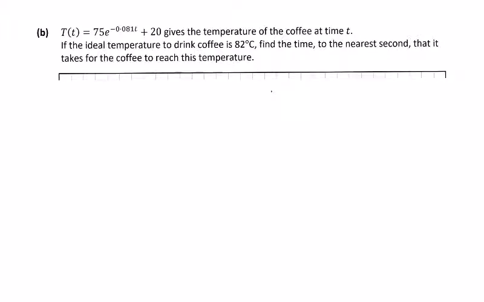So exponentials shouldn't be too difficult, Raj. Substitution, solving. In this question part B, we're solving to find the time, and we're told the temperature is 82. You've seen this from earlier on in the video, how to solve these questions when we're dealing with 0.081. The most important thing is to actually write the question down. 75e to the minus 0.081t plus 20.